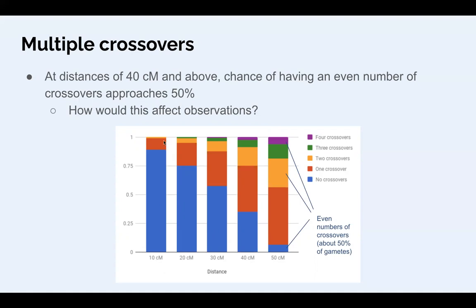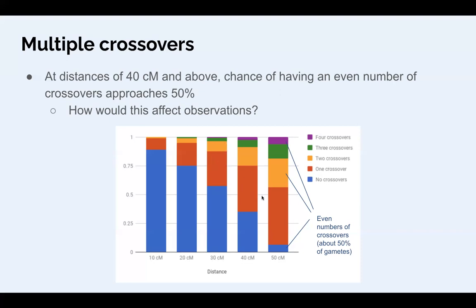So the amount that you would calculate is pretty close to that 10%. But moving up in distance, if you have a 20% chance of one crossover, then you get a bigger chance of two crossovers. 30% chance of one crossover gets you a bigger chance of two crossovers, and so on.